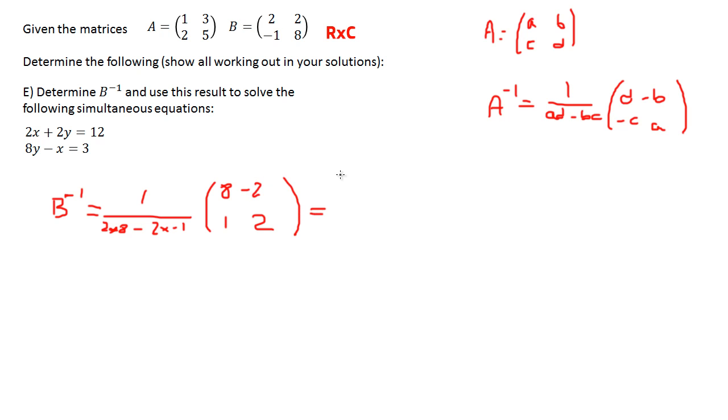And this is gonna be the same as 2 times 8, 16, minus minus 2, which becomes 18.